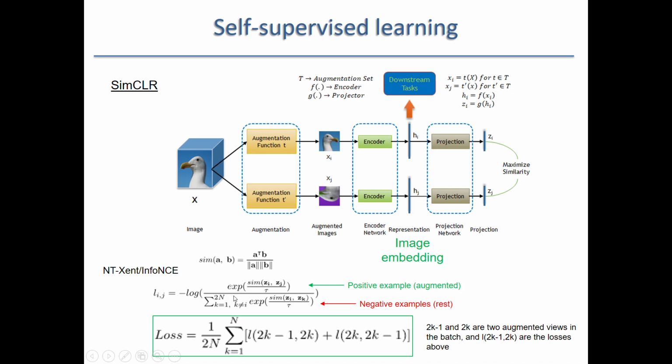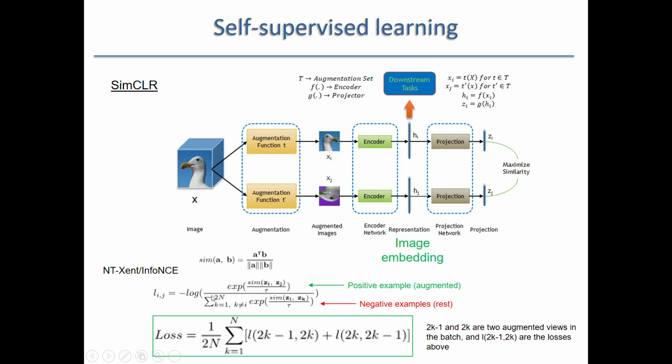This is done by the InfoNCE loss. We saw this function in the chapter on losses, but here it is just a reminder. We have n input images. For each one of the input images we produce an augmentation, so that is why we have 2n examples. Among the 2n examples we try to maximize the similarity between these two embeddings, and divide by the similarity of these two compared to any other example in the batch.